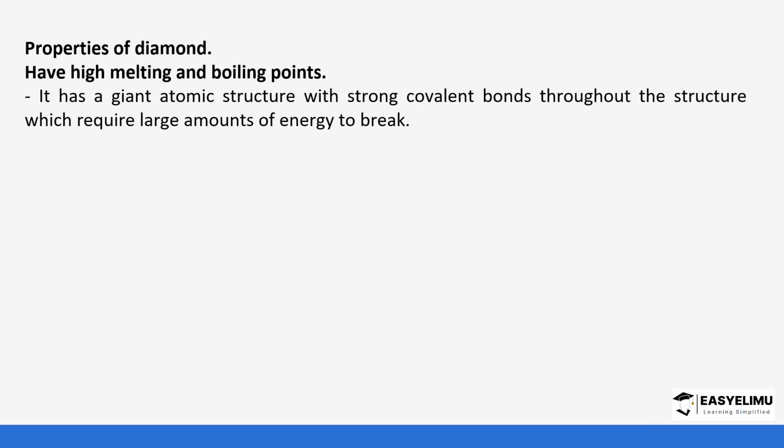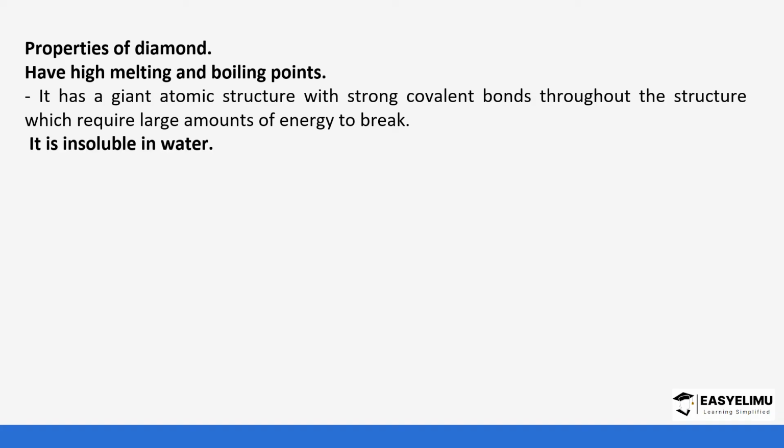Some properties of diamond are that it has high melting and boiling points. This can be attributed to the strong covalent bonds throughout the structure, which require a lot of heat to break.